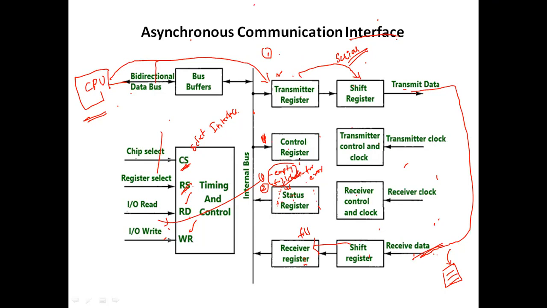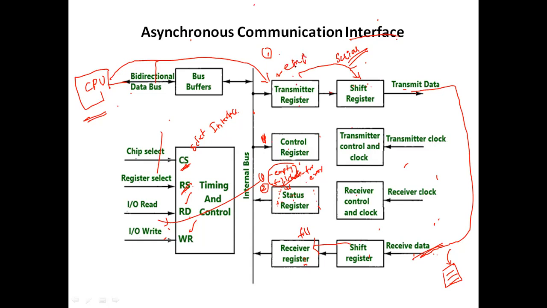If the transmitter register is empty, the CPU transfers the character to the transmitter. The parallel transfer of the character takes place from the transmitter register to the shift register. Why? Because in order to have the serial transfer, the data is transmitted from the transmitter register to the shift register. After transmitting, the transmitter register is marked empty.